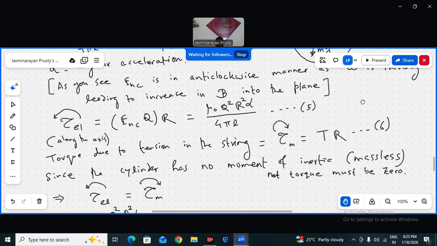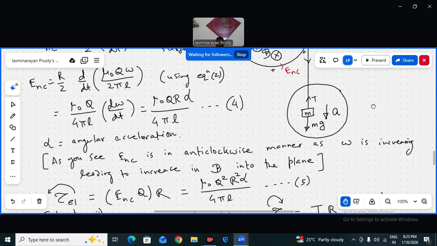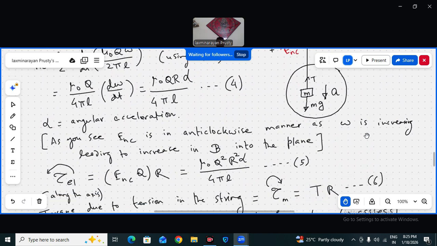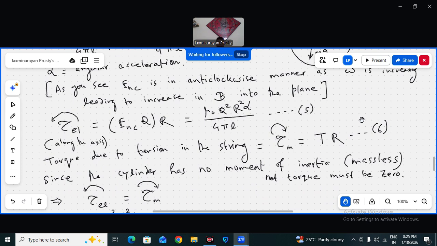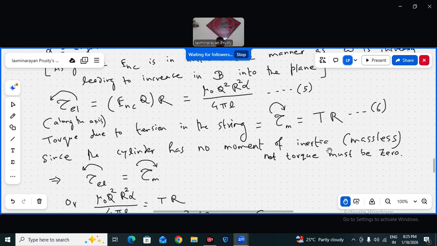And this has no inertia, no moment of inertia. So net torque has to be 0. Are you all clear? If net torque is not 0, then it will have infinite angular acceleration, which is not acceptable physically. So the electrical torque anti-clockwise must be balanced by the mechanical torque clockwise.